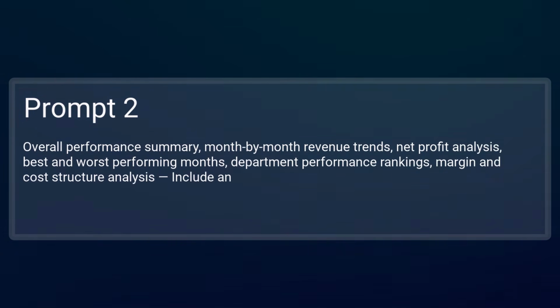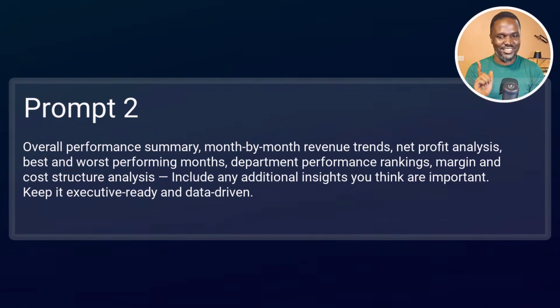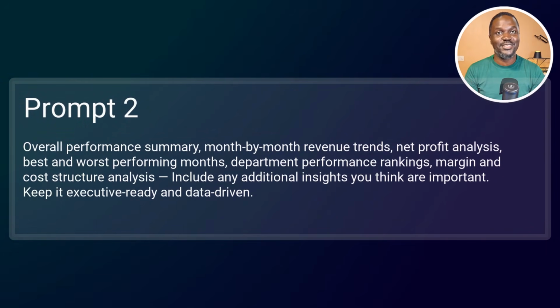Include any additional insight that you think is important. Keep it executive ready and data driven. That last instruction is key. You are telling Copilot to think like a CFO, not just to describe the numbers, but to add value to it and give insight.